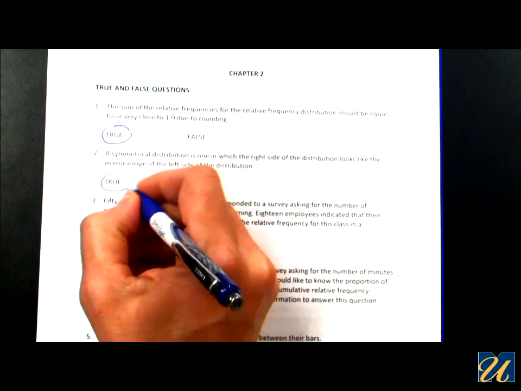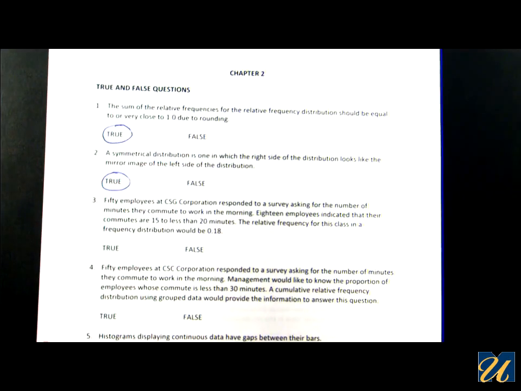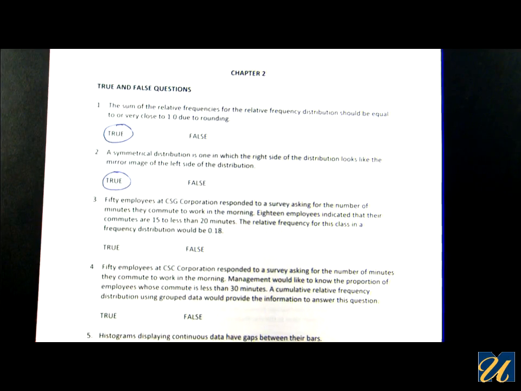That is also correct. 50 employees at CSG Corporation responded to a survey asking for the number of minutes they commute to work in the morning. 18 employees indicated that their commutes are 15 to less than 20 minutes. The relative frequency for this class in a frequency distribution would be 0.18.